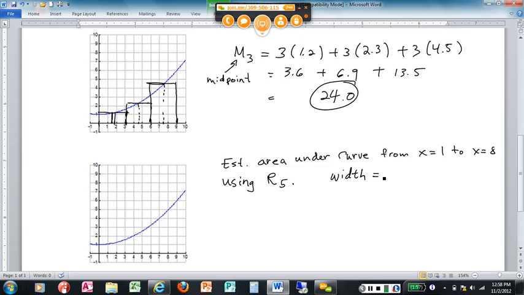Here we've got 7 units to cover, and we want 5 rectangles. So if you're ever in doubt, just take the endpoints and subtract them, and then divide by the number of rectangles you want. That will give you 7/5. The width is what we call delta x, the change in x. We've used that before.